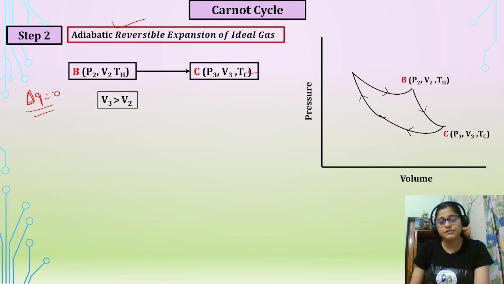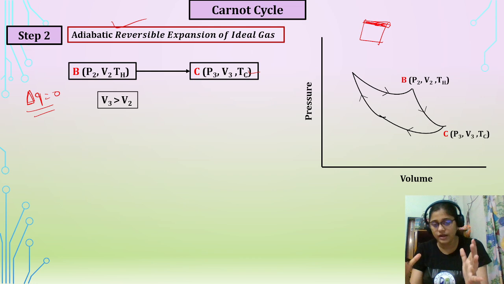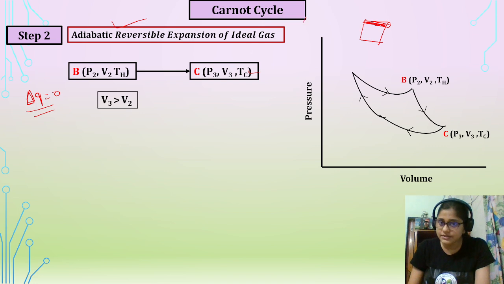But now let's imagine a system with adiabatic walls, insulator kind of walls, so that heat can't pass through the walls. So delta Q is 0 here. No heat is absorbed or released.